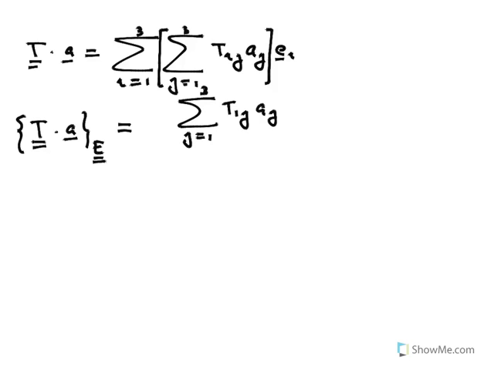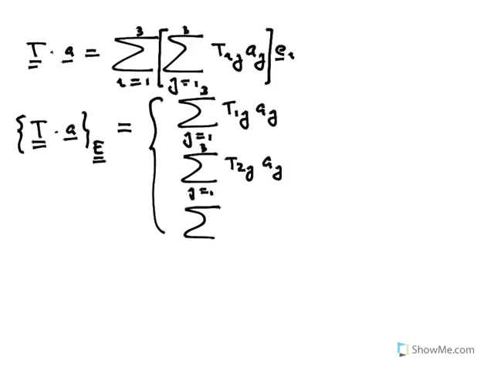In the second component, we have the sum from j equals 1 to 3 of T2j Aj, and in the third component we have the sum from j equals 1 to 3 of T3j Aj. And again, let's make this a little bigger.